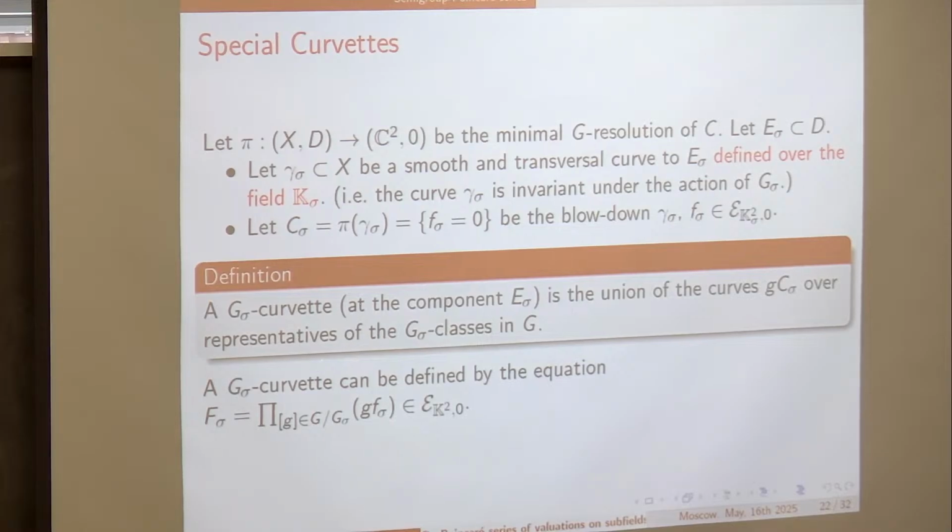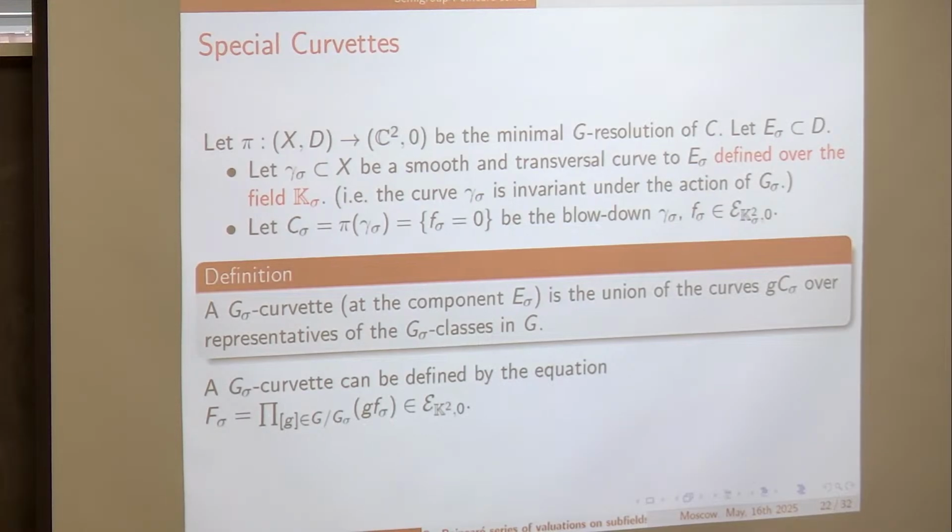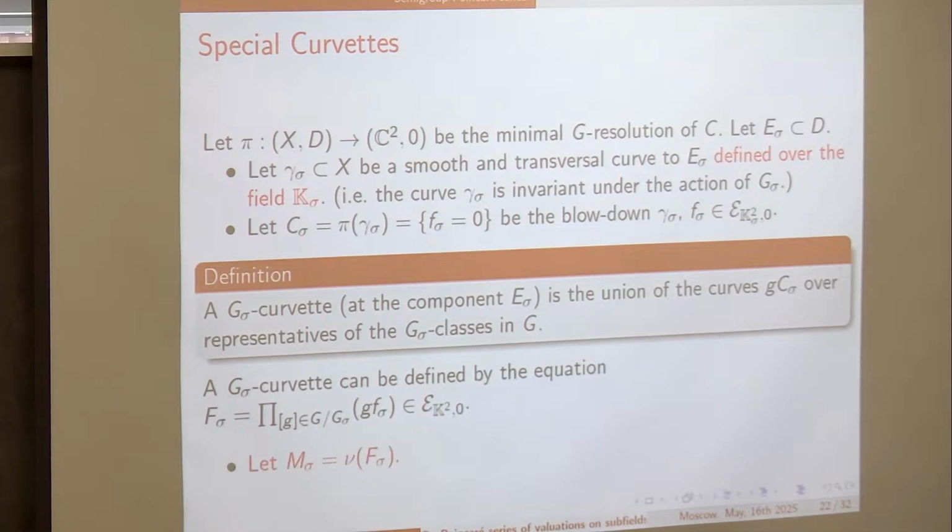So you take f sigma, which has coefficients in k sigma, and you conjugate, and we have some equation of some curve with coefficients in k, which is the curve we are interested in. These curves give you some value. You have a function, you have this value, and we notice that this value is nothing more than the value of all the conjugates, of course.